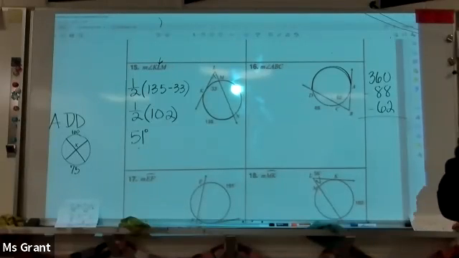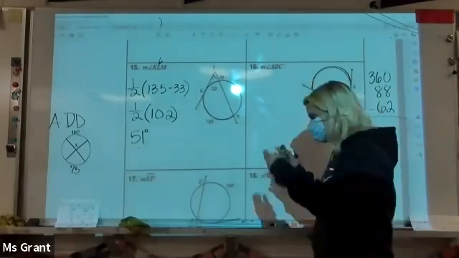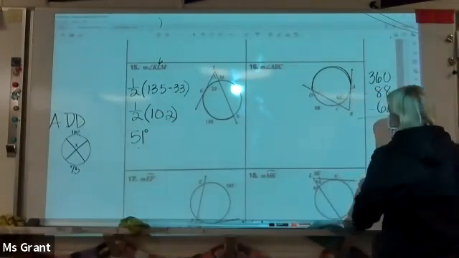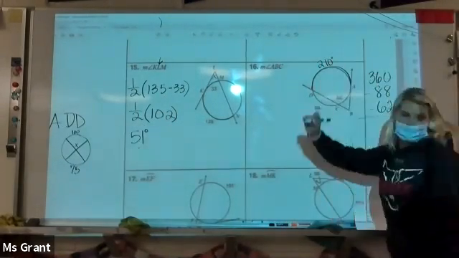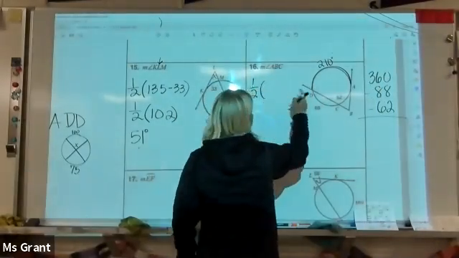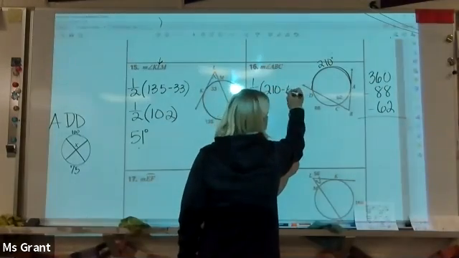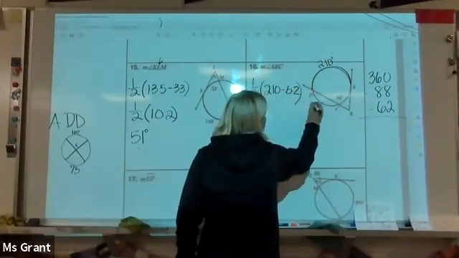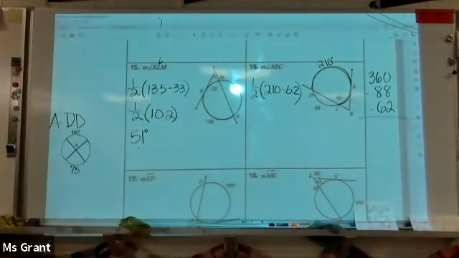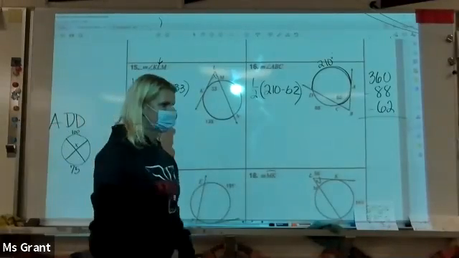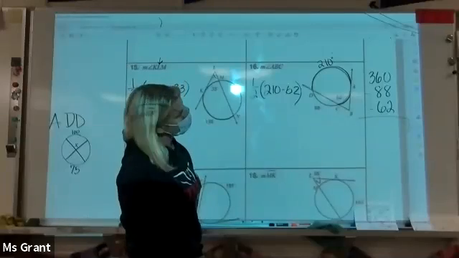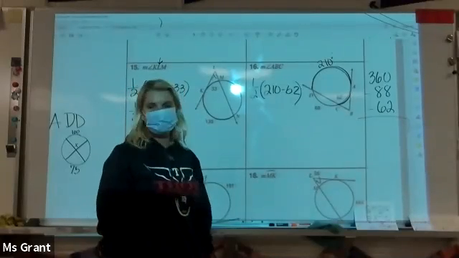What is it? 210. Woo! So that means, I'll label it so I stay organized, right? 1/2. Larger arc is for sure the 210 minus the 62, right? Because that's the arc, it's a part of the angle. I don't care about 88 anymore. Okay. 210 minus 62.